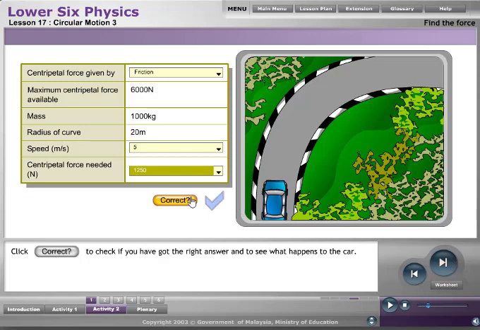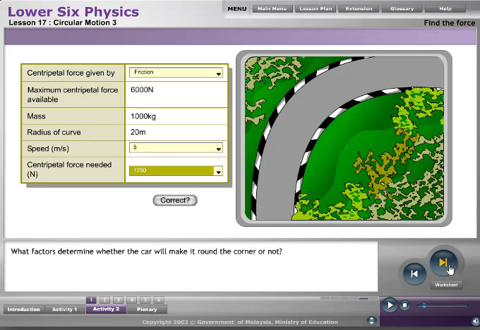Click the Correct button to check if you have got the right answer and to see what happens to the car. What factors determine whether the car will make it round the corner or not? Answer: the car will make it as long as the centripetal force required is not greater than the frictional force.